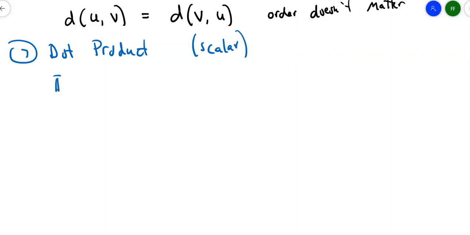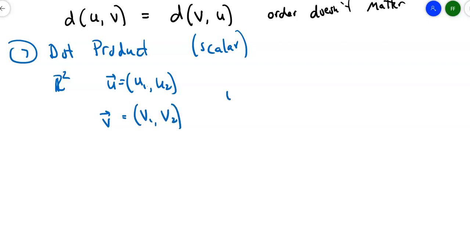In R2, suppose I've got vector u with coordinates u1, u2, and I've got vector v with coordinates v1, v2. Then the dot product of u and v, which I write as u with a big dot in the middle so I don't mistake it for a multiplication sign, is just going to be the two components that are in the first spot multiplied together, so u1, v1, and then the second components multiplied together, u2, v2, and then add them together.